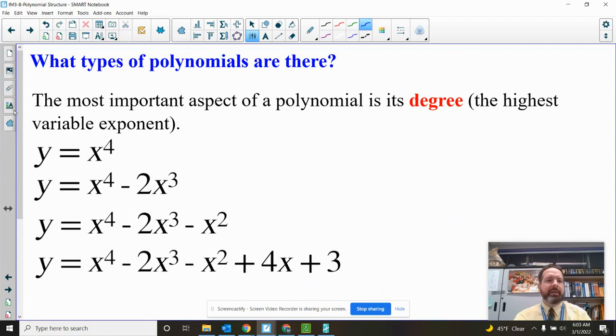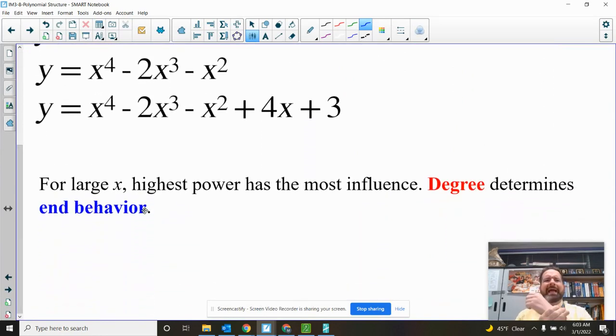So coming back here, I do want to summarize this. And I hope this makes a little bit of sense. For large x, the highest power has the most influence. Think about a big number, like even 100. 100 to the 4th power is 100 million. 100 to the 3rd power is only 1 million.